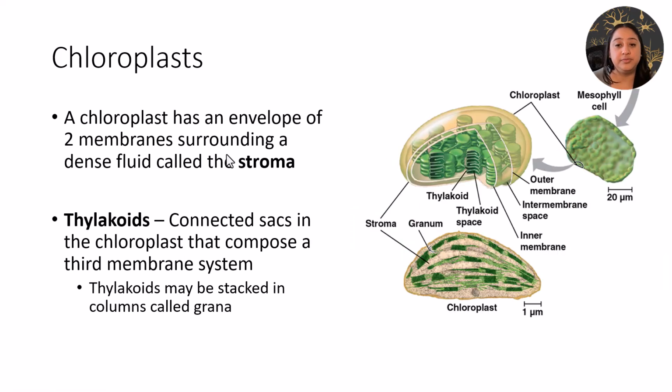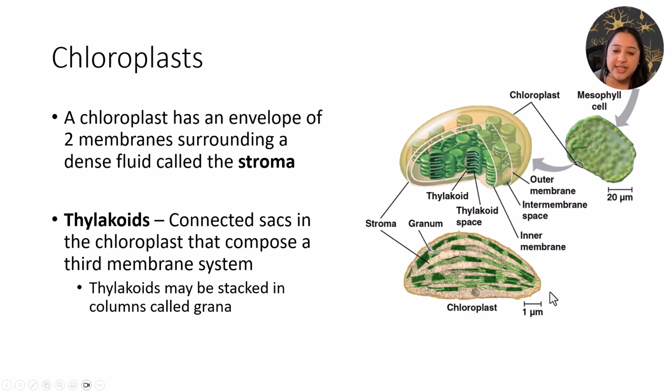And so if we were to look at a chloroplast, this is kind of what it would look like. And we know what we know because we've seen it under the microscope. So this is an actual microscopic photo of a slice of a chloroplast. So a chloroplast has an envelope of 2 membranes. So it has 2 membranes, this outer one called the outer membrane, and then this inner membrane.